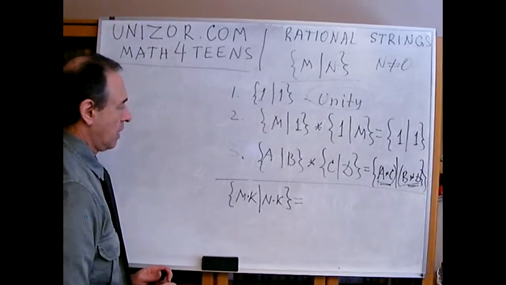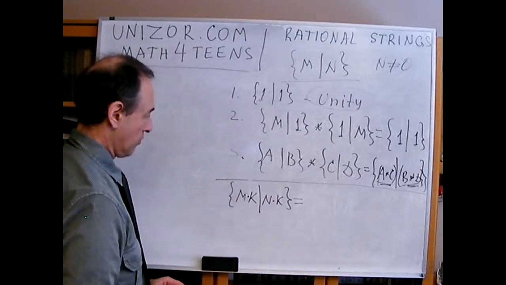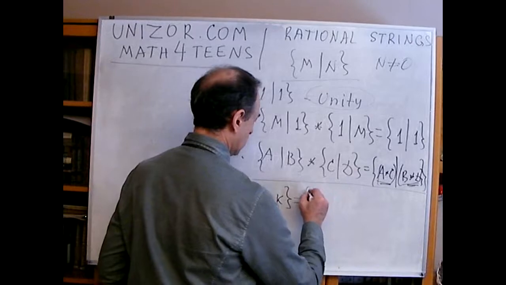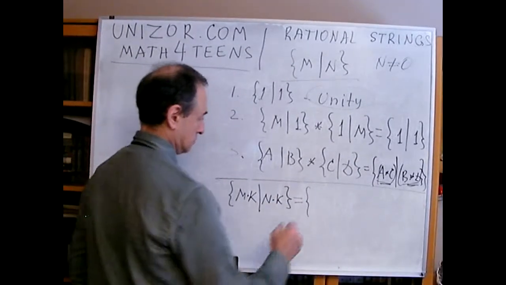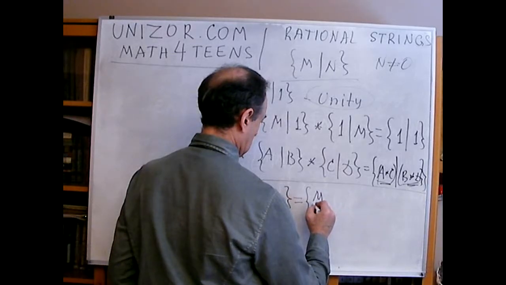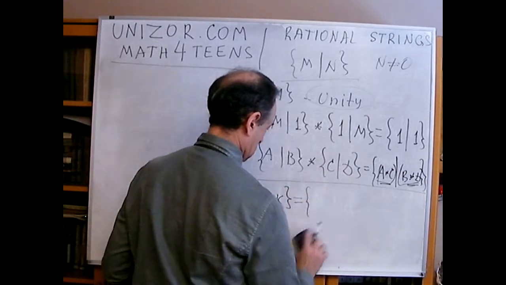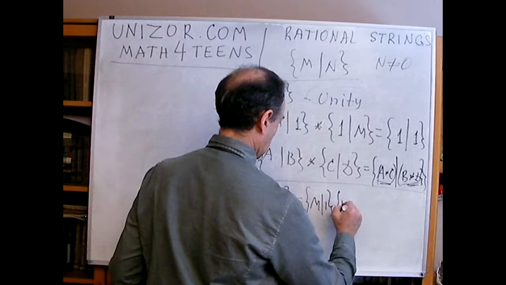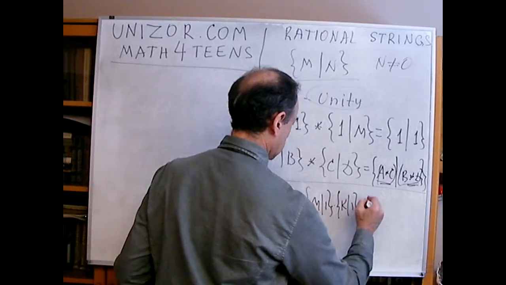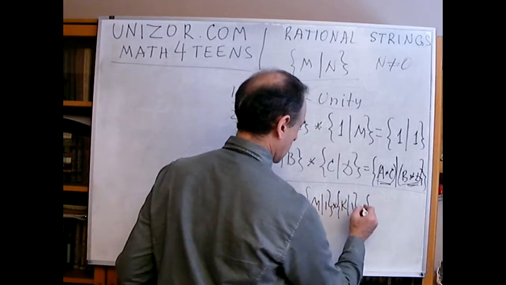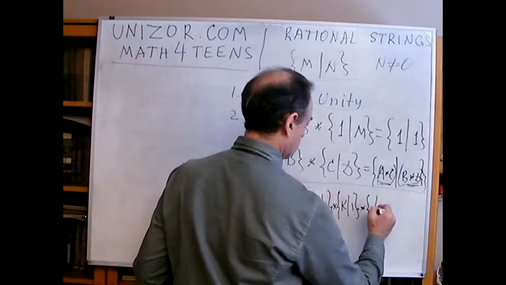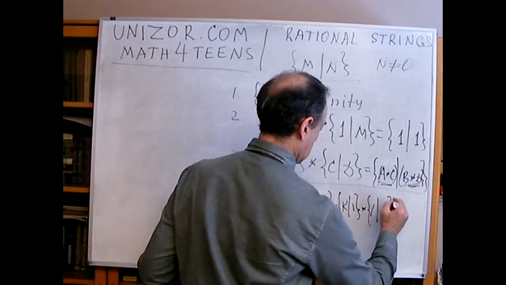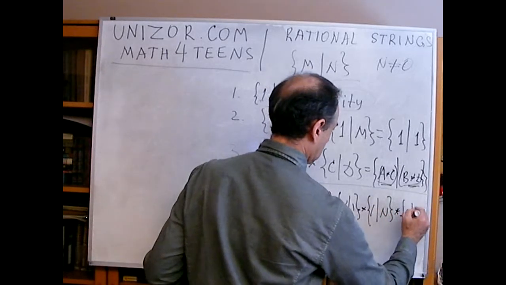I can say that this particular rational number, expressed as a string of this type, is equal to the result of multiplication of m over 1 times k over 1, times, this is multiplication of rational numbers, 1 over n times 1 over k.